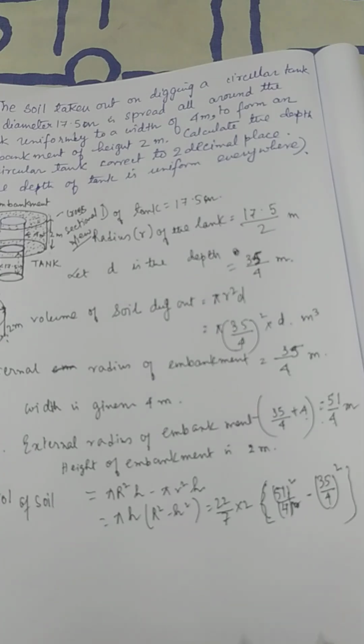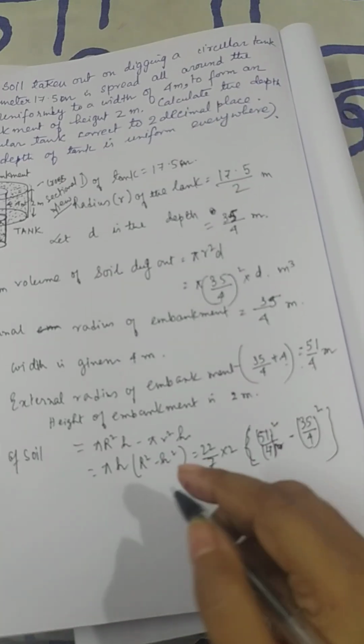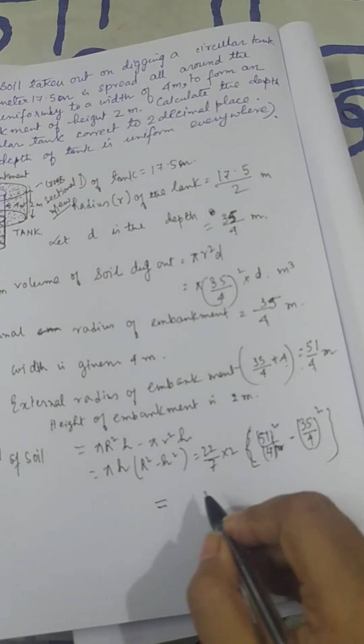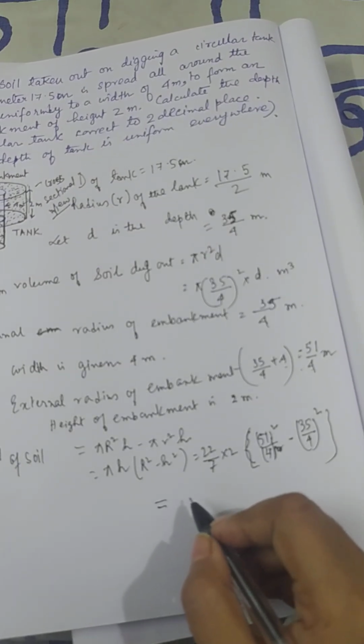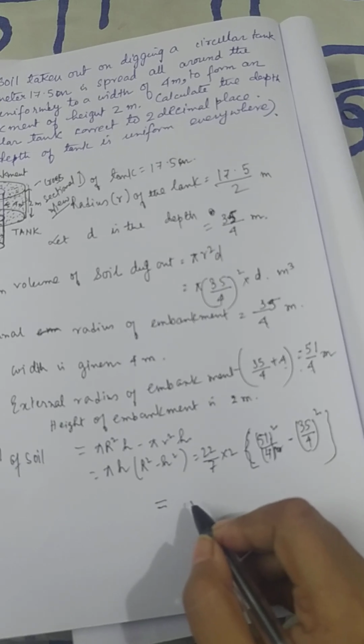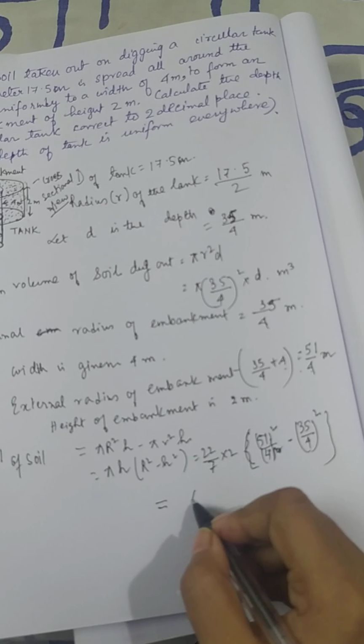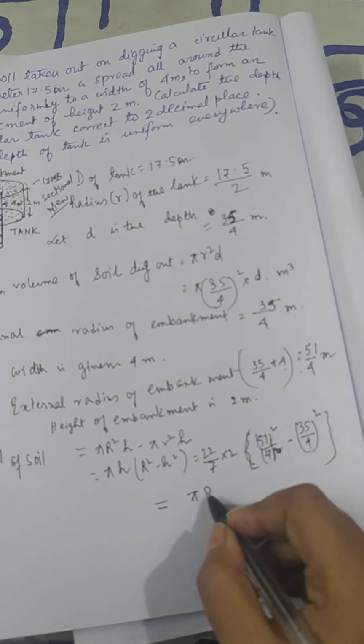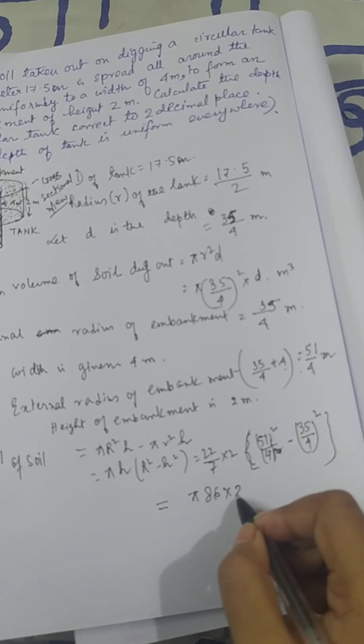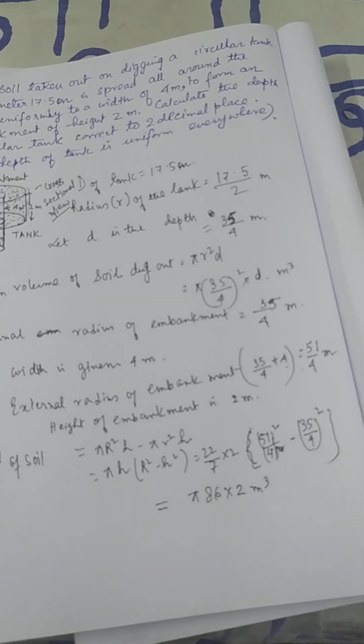Okay. So, if I calculate it, it will come as pi into 86 into 2 meter cube.